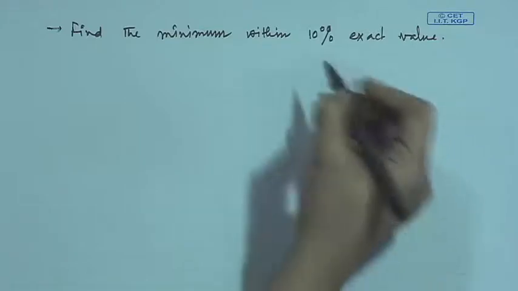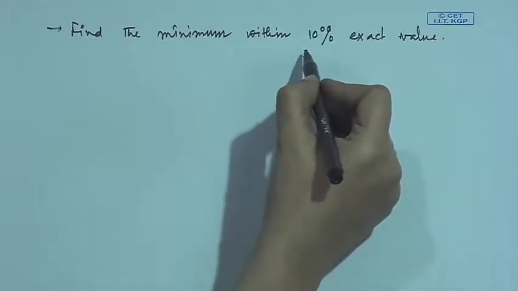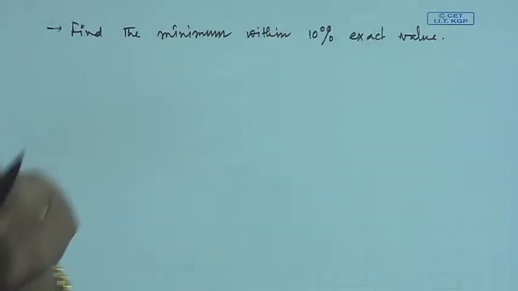Okay, there is a nice process to find out that thing, and that will give you another idea how to get the 10% exact value. That means, whatever exact value we are trying to get, on the right hand side we will have 10% of that, and on the left hand side we will have 10% of that. That is why we are guessing an approximation with a known approximation.